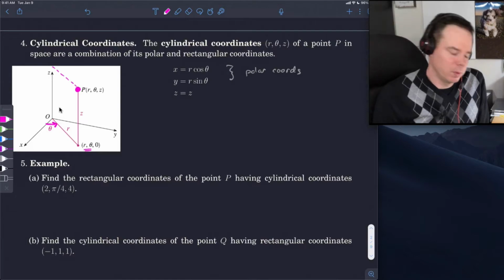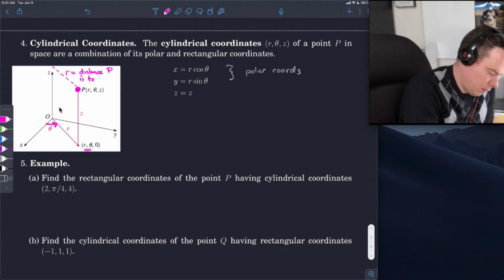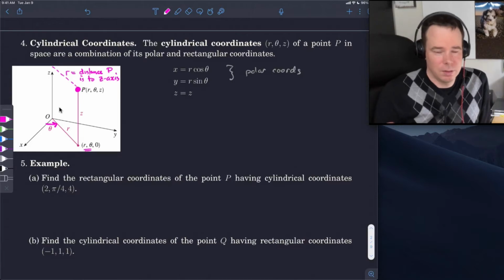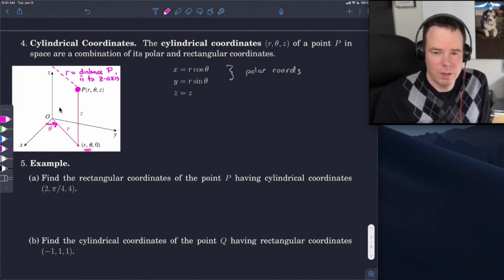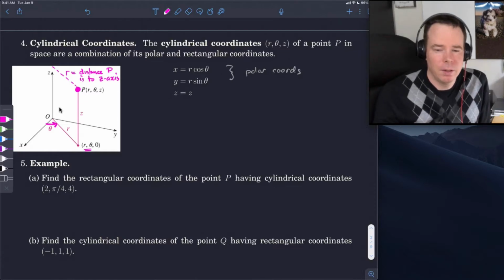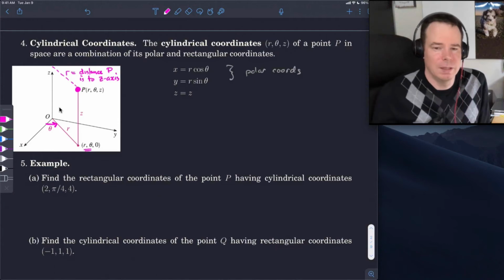Then what r is really telling us is the distance the point is to the z-axis. So in the polar coordinate system, r is the distance to the pole or the origin of the point. But now that we're talking about this point living in space, in the cylindrical coordinate system, r is the distance the point is to the z-axis.